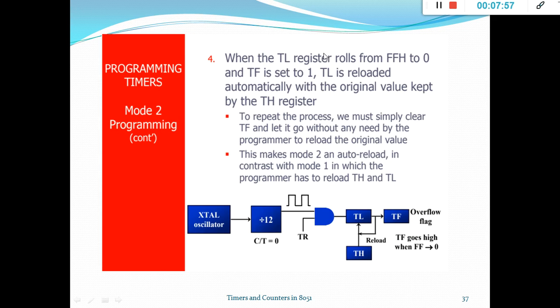Fourth, when the TL register rolls over from FF to 0, the TF flag becomes 1. Then automatically the original value present in the TH register is reloaded into TL. Again the same process is going to repeat. To repeat the process, we must simply clear the TF flag.